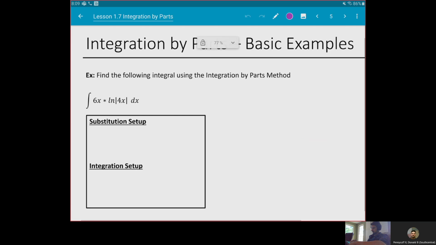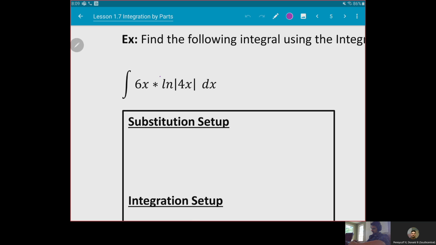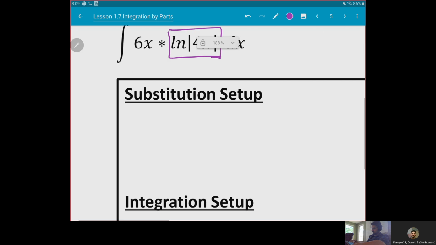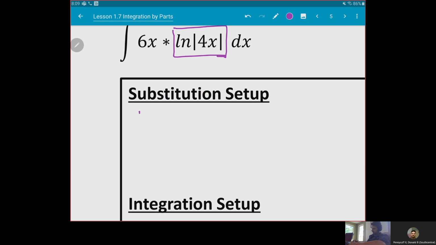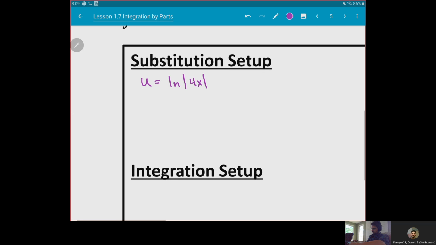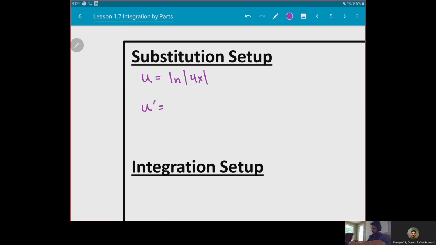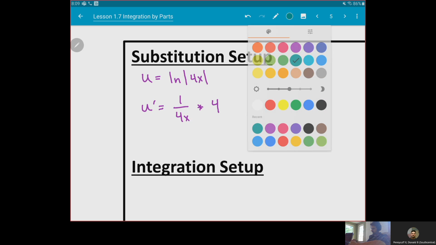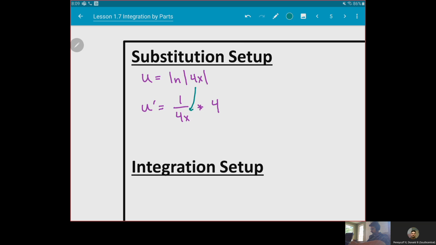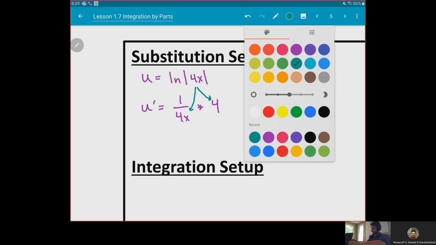All right. Now we finally come to an ln. So if you have an ln, that is automatically going to be your u. Automatically. So that's going to be u is equal to ln 4x. We're going to take the derivative. So the derivative of u is 1 over what's inside times the derivative of what's inside, which will cause some cancelization.